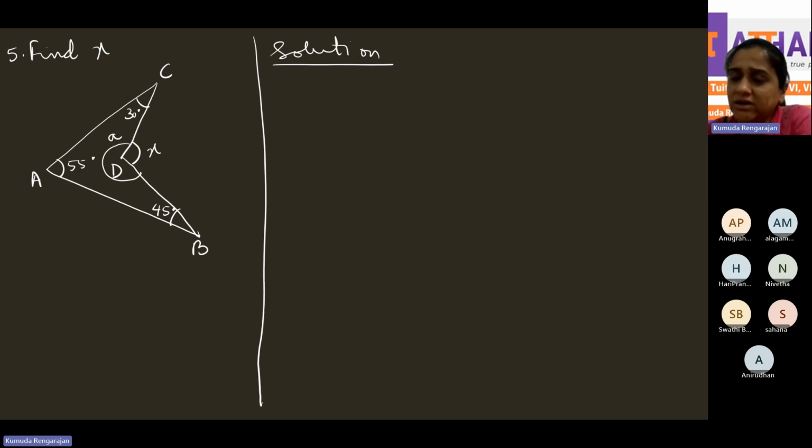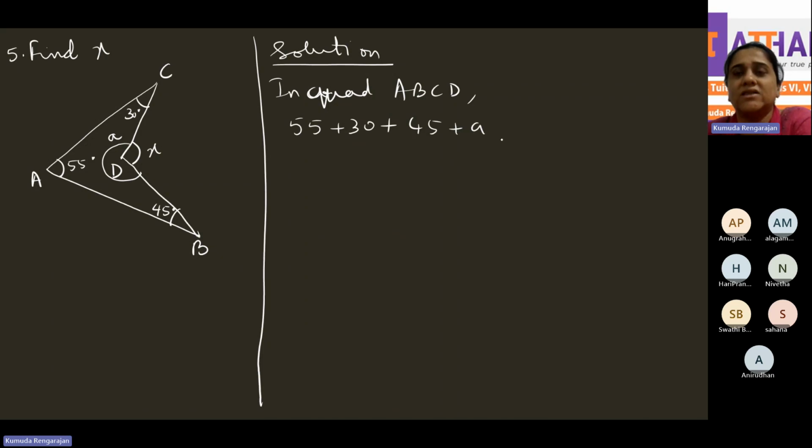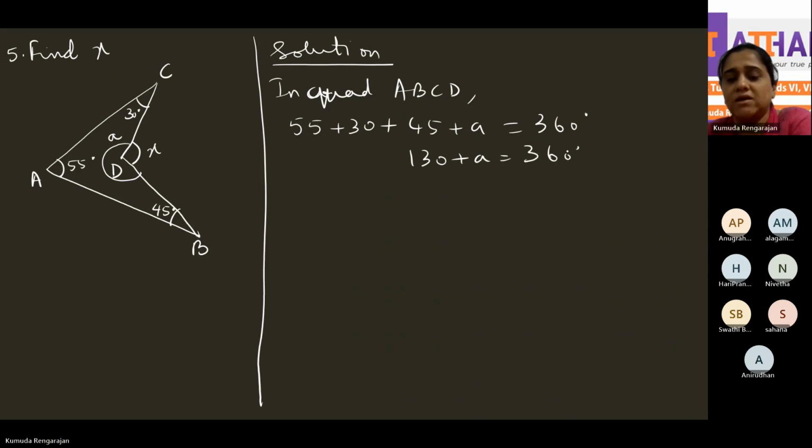So in quadrilateral ABCD, 55 degrees plus 30 degrees plus 45 degrees plus A, the sum of the four interior angles, is equal to 360 degrees. 130 plus A is equal to 360. A is equal to 360 minus 130. A is equal to 230 degrees.